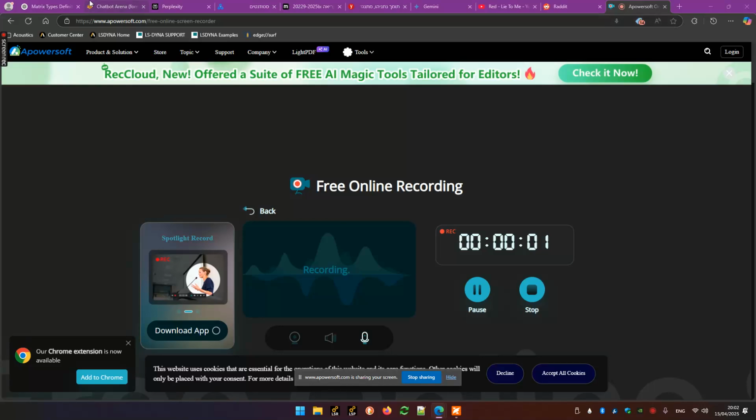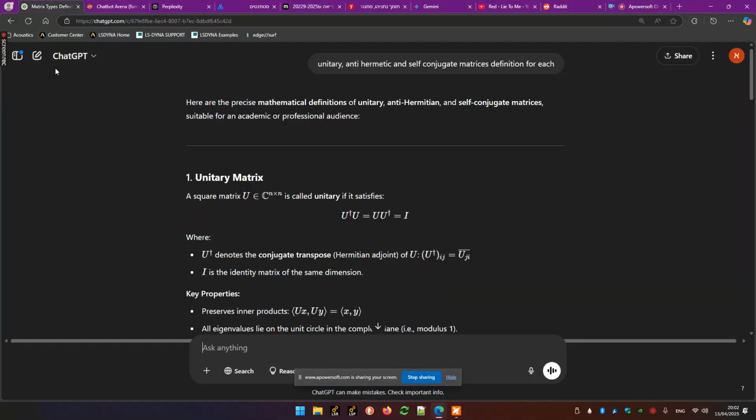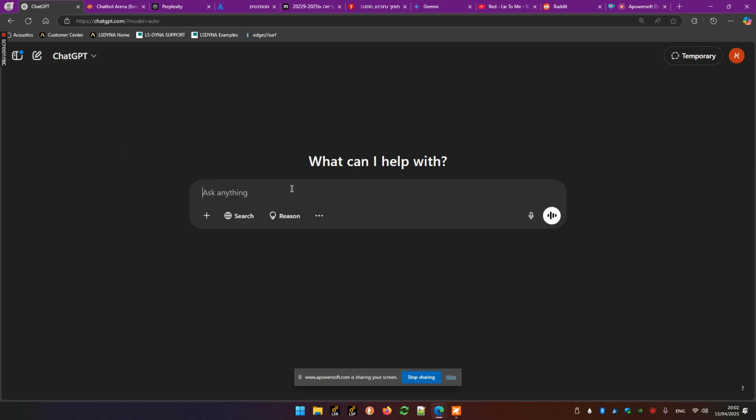Okay, so the idea now is that we want to talk about a unitary matrix. When we're talking about a unitary matrix, we are talking about a matrix whose columns are orthonormal to each other.